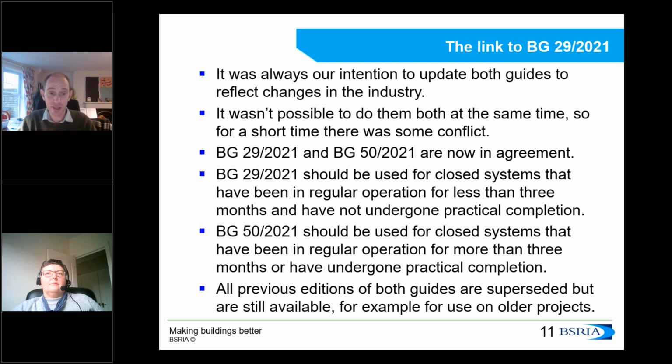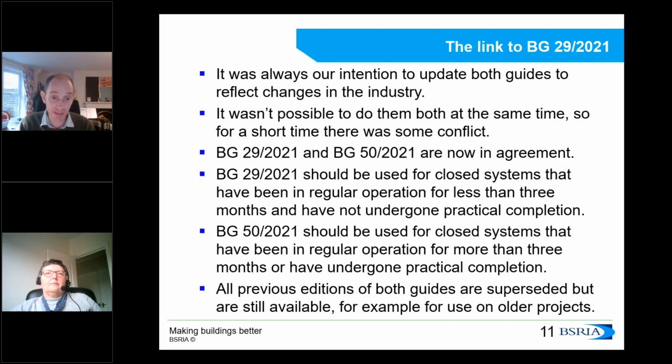It's about everything that needs to be done to protect water quality up until you either get to that point of 3 months or the point of practical completion, whichever happens first. BG50 then takes over after that and applies throughout the life of a system. And it can also be applied to existing systems, including ones that perhaps haven't followed any particular guidelines up until that point.